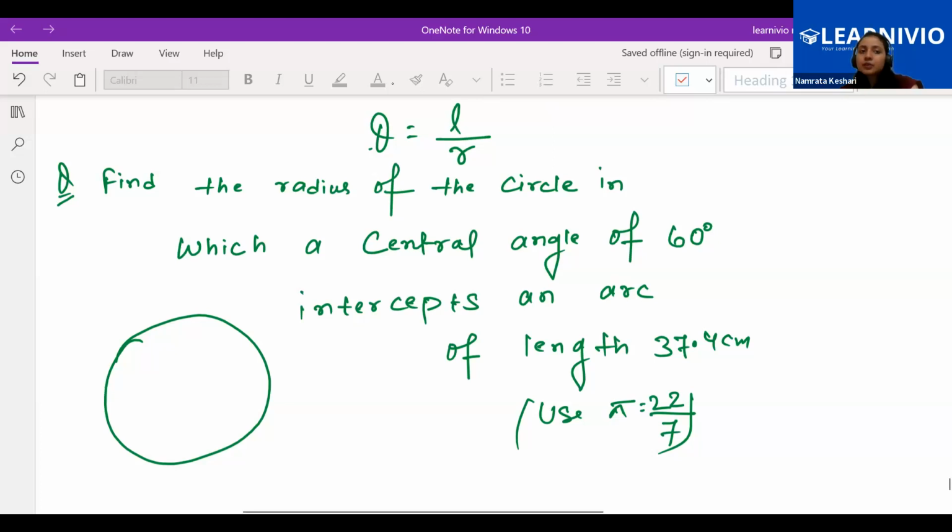Let me know what you are getting. If you are converting 60 degree into radian, what radian are you getting, Alina?